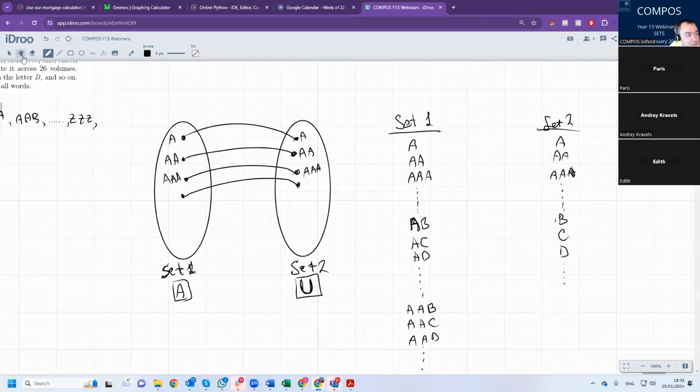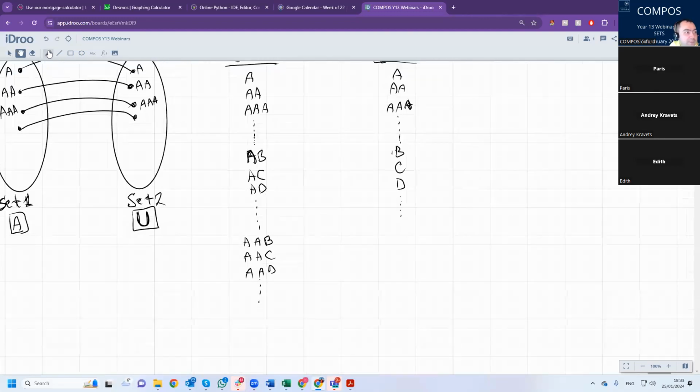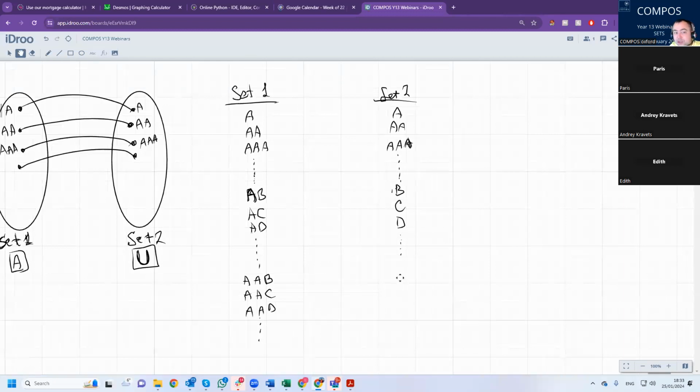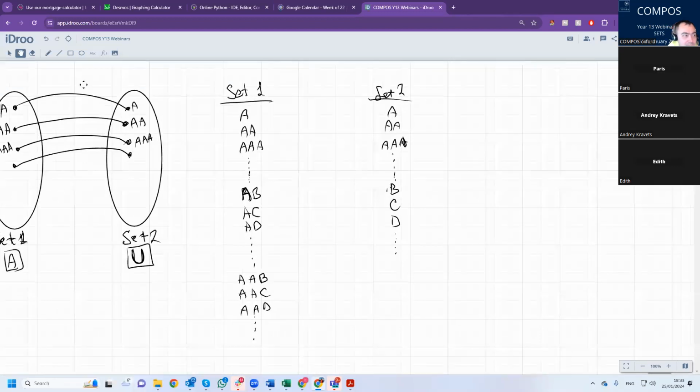So what I'm going to do is imagine that I'm going to add A to each word in set 2, except the words which contain only A's. So add A on the left to each word in set 2.